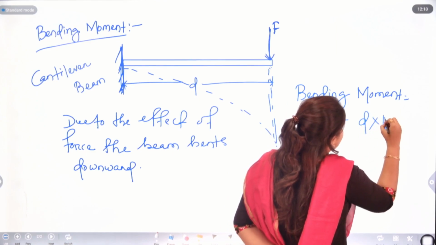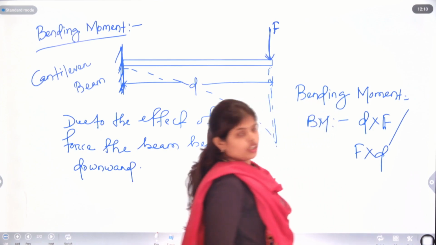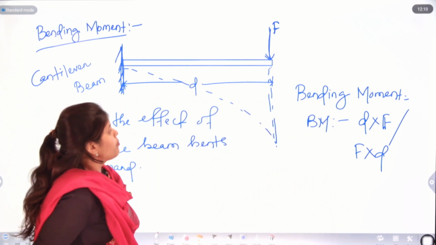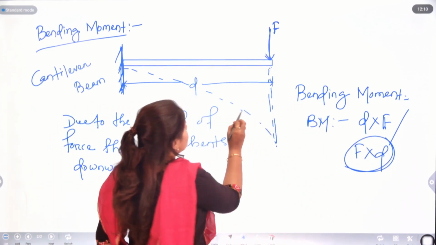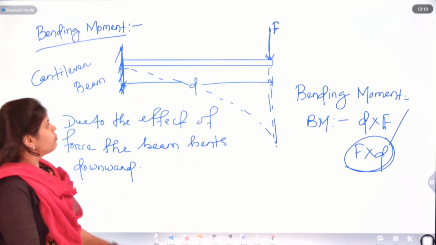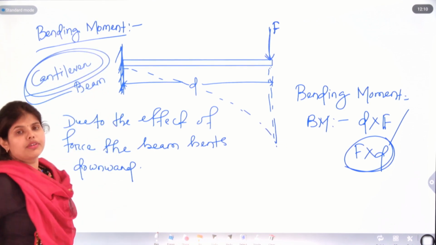D into F, or you can write F into D. The force into distance will be your bending moment, and by using this formula we can find out how much the beam bends. You can notice here we have one beam, that is a cantilever beam.